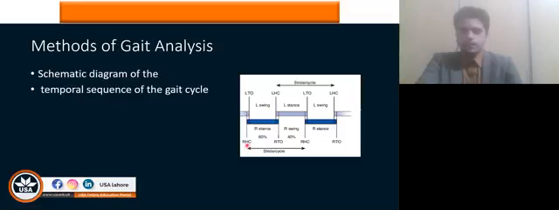So from heel contact or heel strike to toe off is actually 60% of your stance phase. Now from right toe off to the heel contact or just before the heel contact is your right swing phase, which is composed of the 40% of your gait cycle. So 60 plus 40 is 100, which constitutes one full gait cycle.